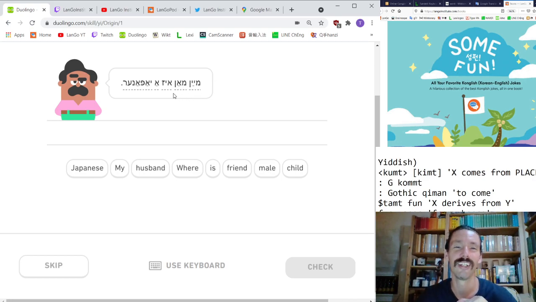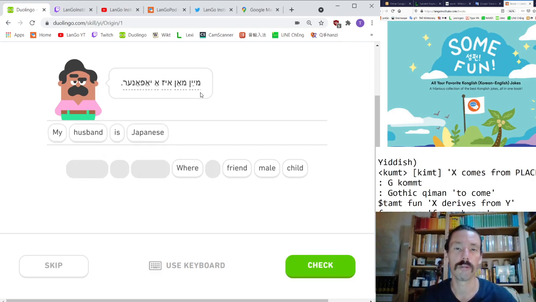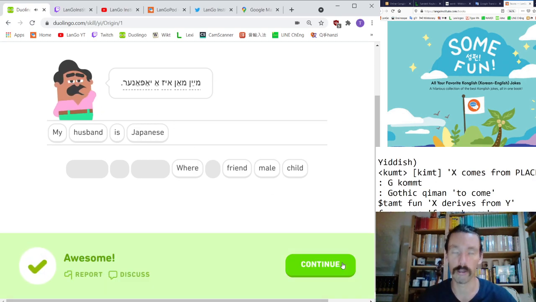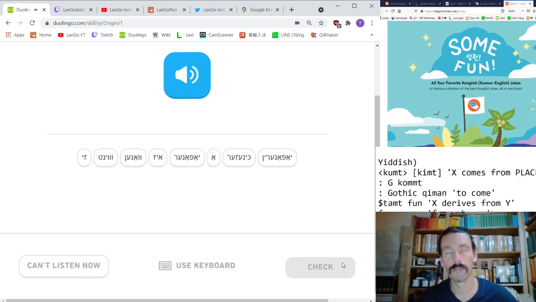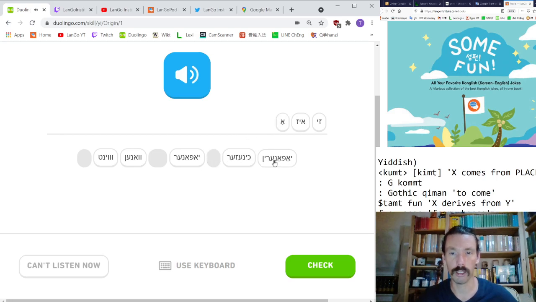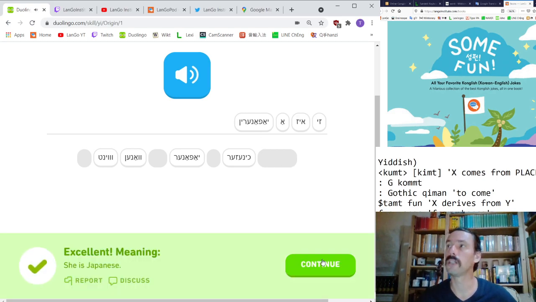My husband is a Japaner. My husband is Japanese. So man is a Japaner. Sie ist eine Japanerin. The dotted P letter tells us it's a stop. Undotted, it's an F. Dot, stop. It's nice and intuitive, really.